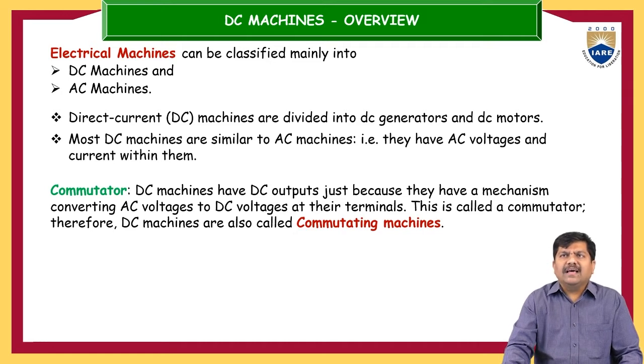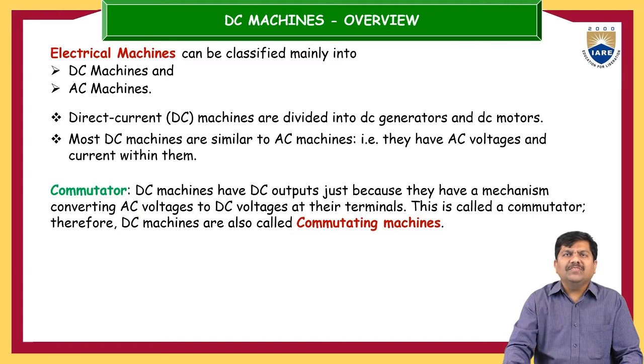DC machines are again divided into DC generators and DC motors. We know about the generator and we also know about the motor. In this sequence of videos, we are talking about DC generators and DC motors.